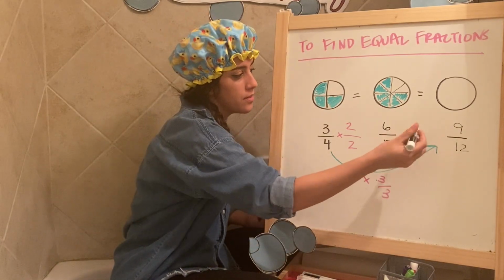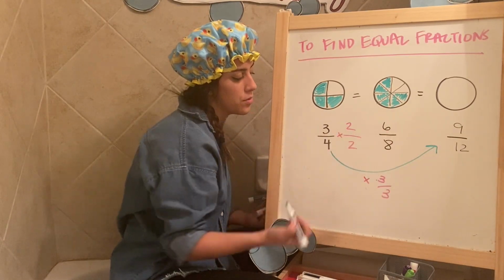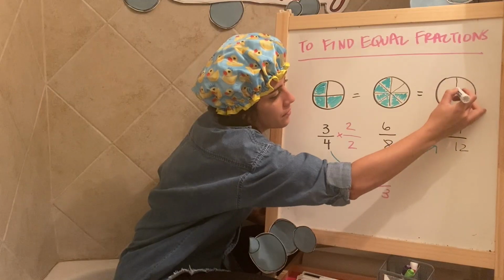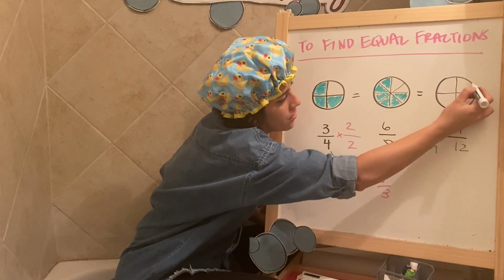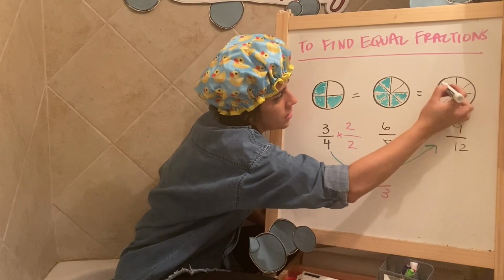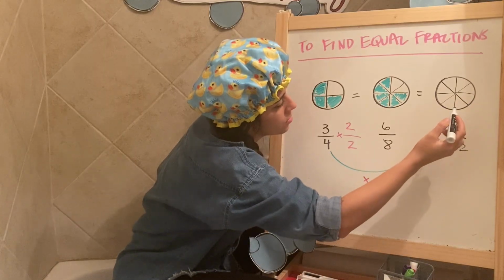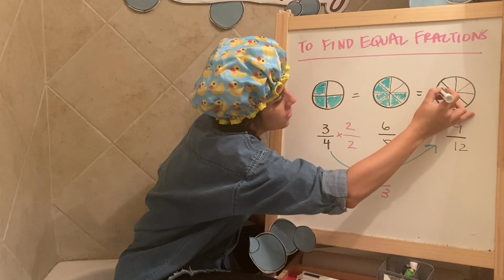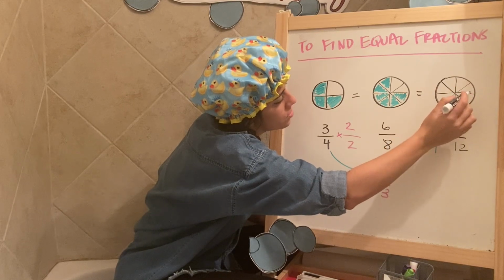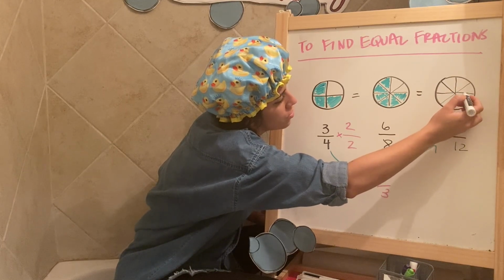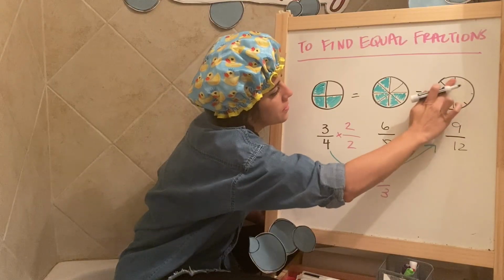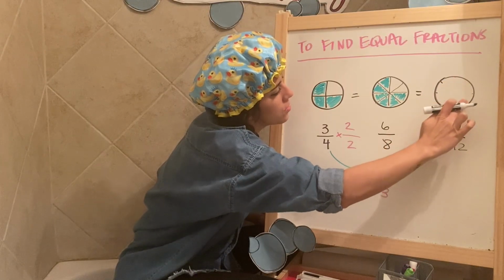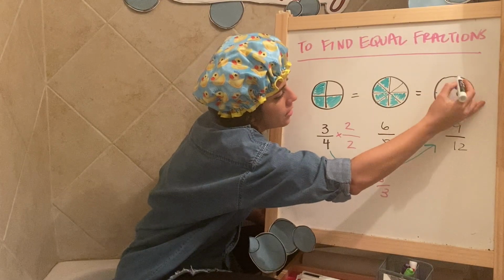Is 9/12 equal to 6/8 and equal to 3/4? Well, let's see. I have 4ths, 6, 8s. Oh boy, how do I do this? I have 8, 9, 10, 11, 12. I need to separate. That wouldn't be equal. Let me see. 12 is kind of tricky to draw in a circle.